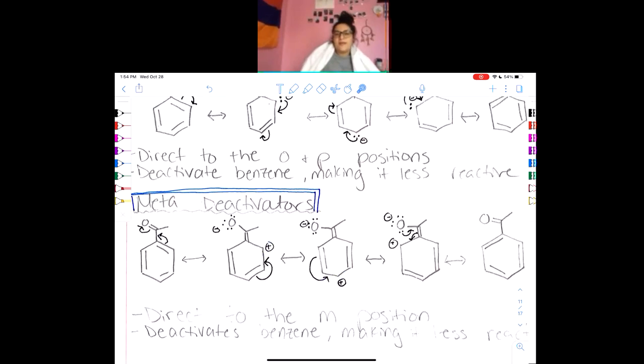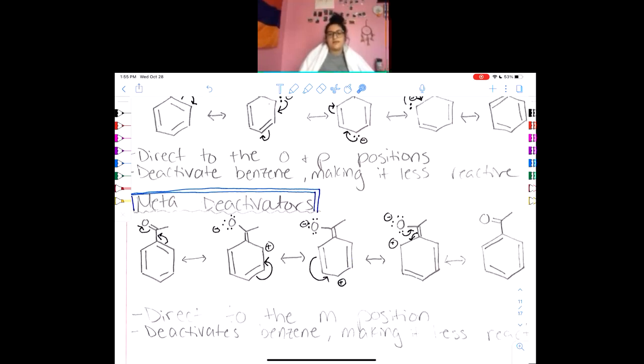So instead of making the ortho and para positions more nucleophilic, it's going to make them more what? Electrophilic, exactly. So these positions will now be more electrophilic. That means, by comparison, the meta position is going to be preferable because it's going to be more nucleophilic in comparison.